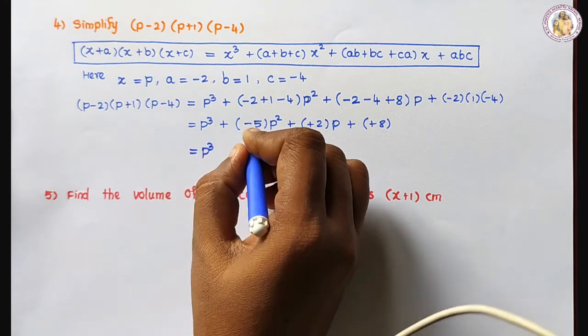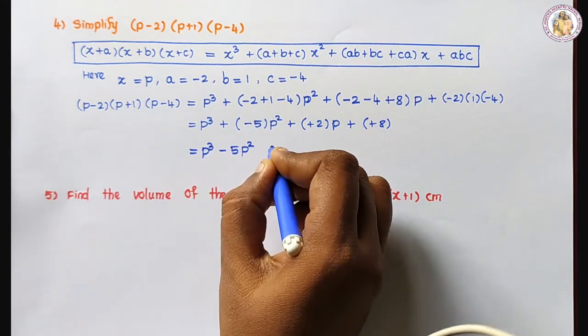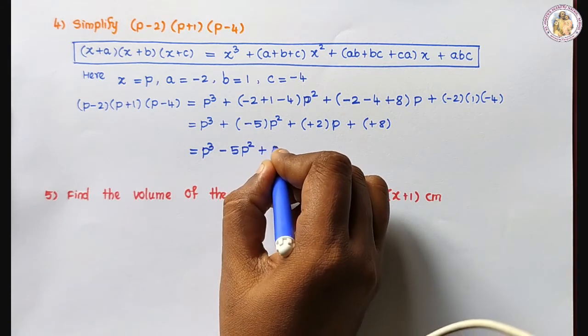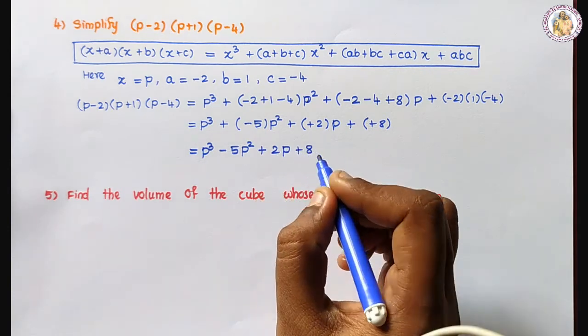So p cube minus 5p squared plus 2p plus 8.